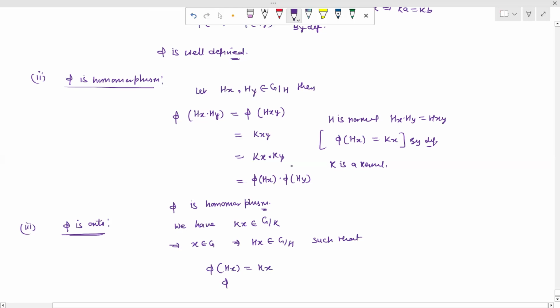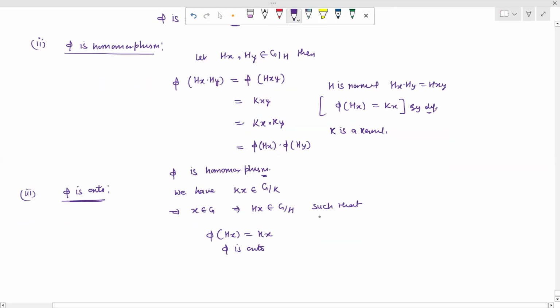Hence phi is an onto function, having the preimage in G over H.